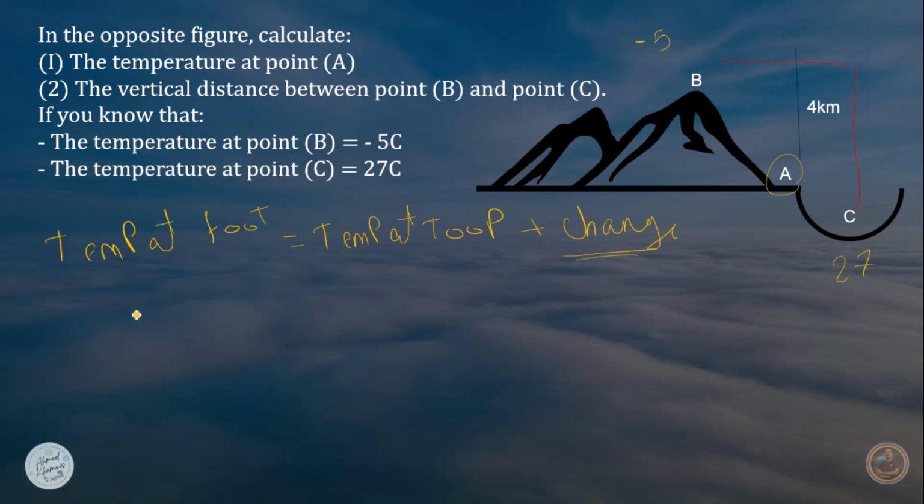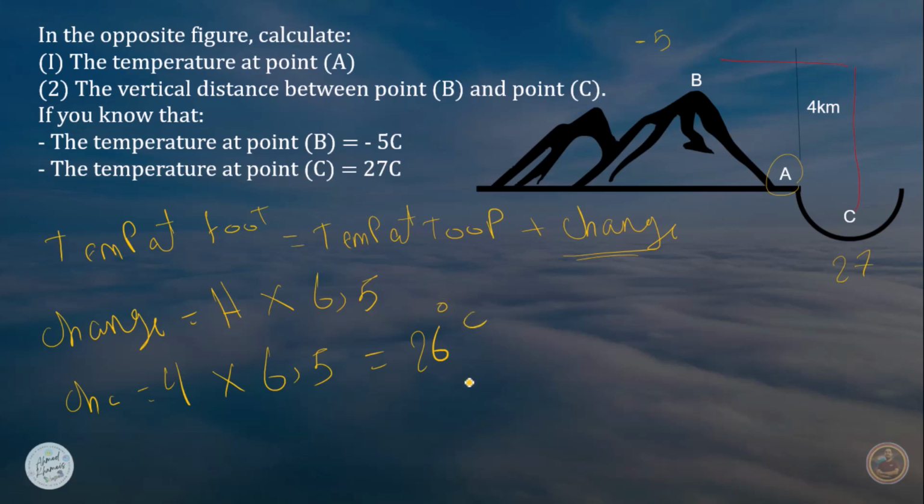The change in temperature equals the height multiplied by 6.5, so the change equals 4 kilometers multiplied by 6.5, which equals 26 degrees Celsius. So the temperature at point A equals minus 5 plus 26, which equals 21 degrees Celsius.